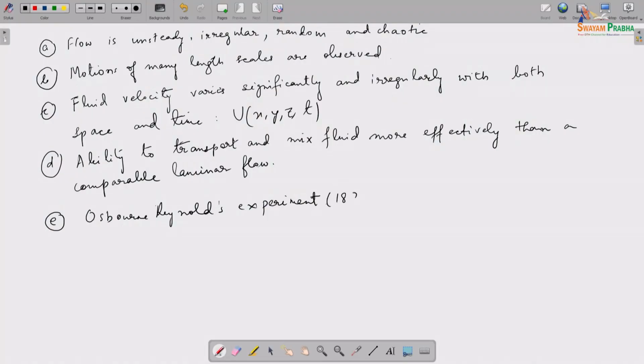Back in 1883, the Osborne-Reynolds experiment is essentially characterized by the Reynolds number.